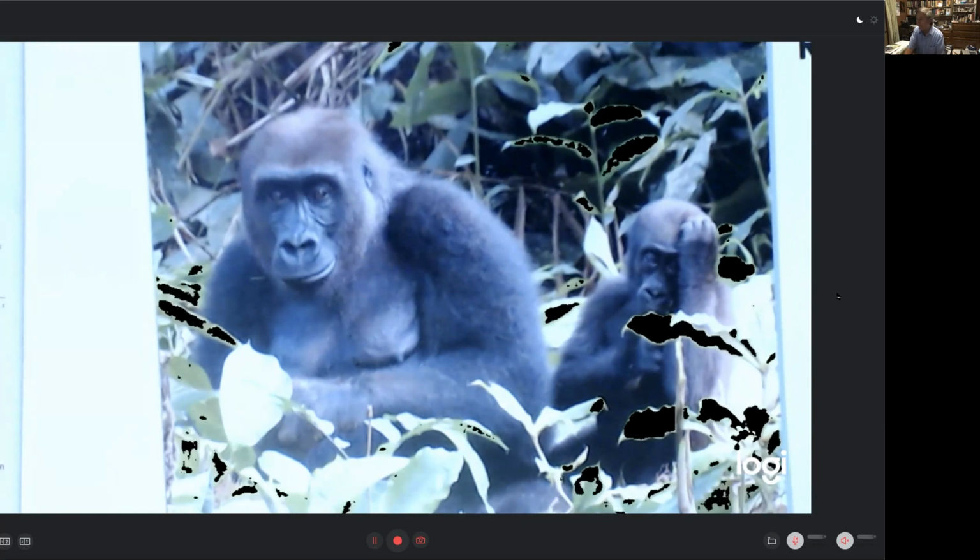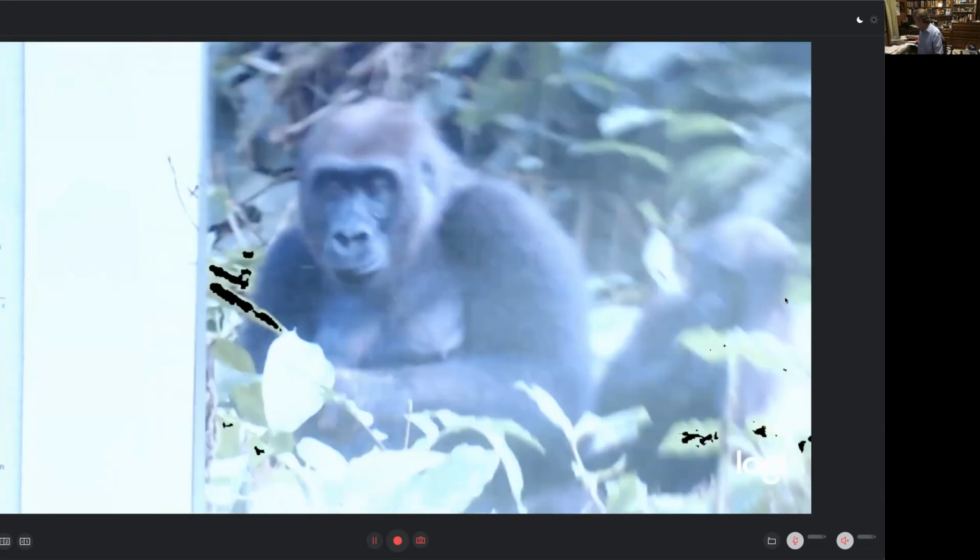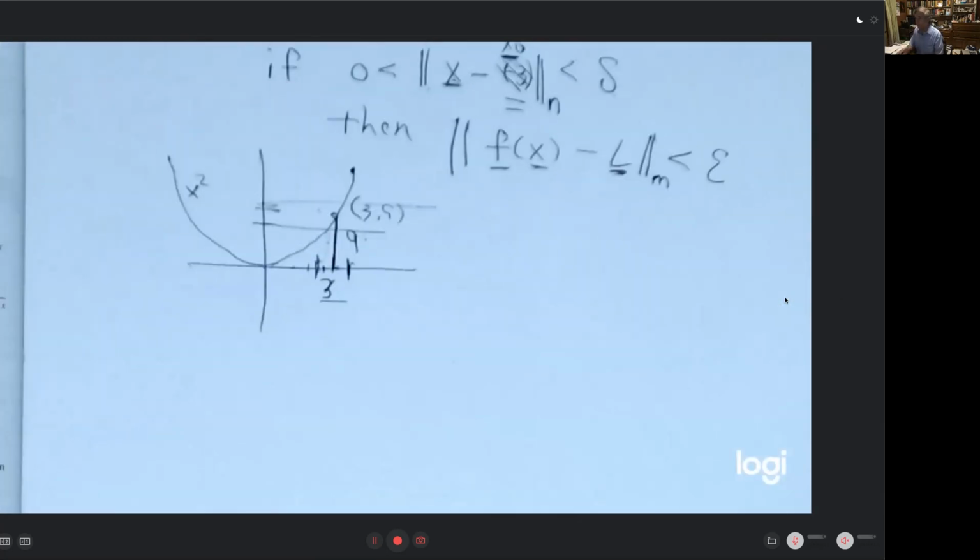I'm curious as to what happens when I take a photograph of this, so may as well do that. Okay, so you are now immortalized, and I can take the mother gorilla and her son away.